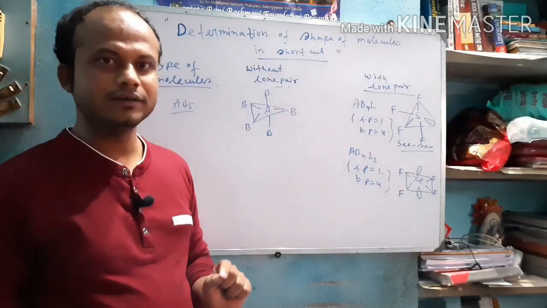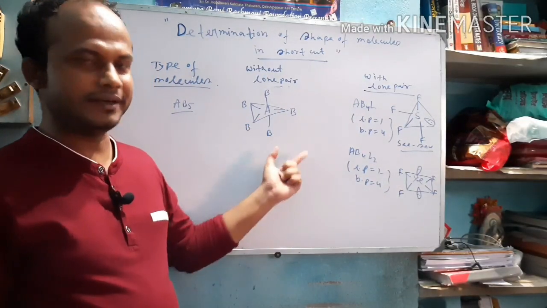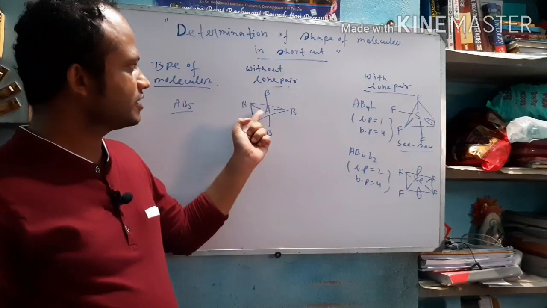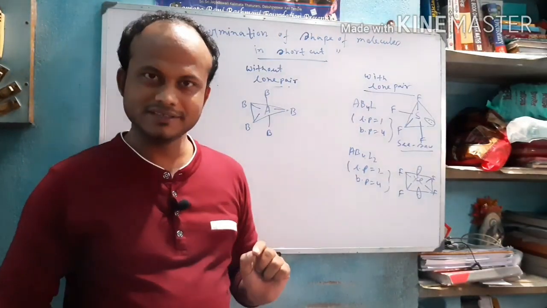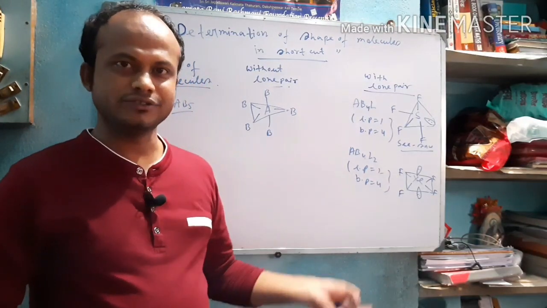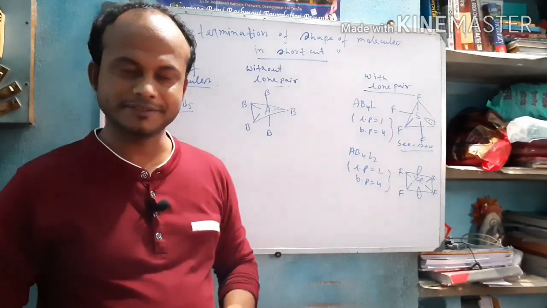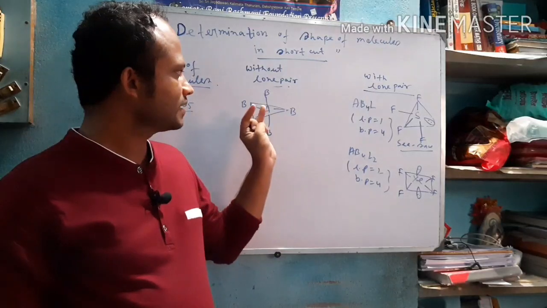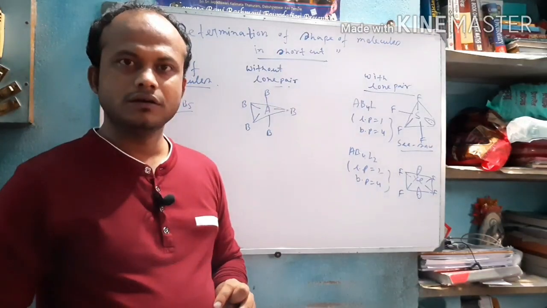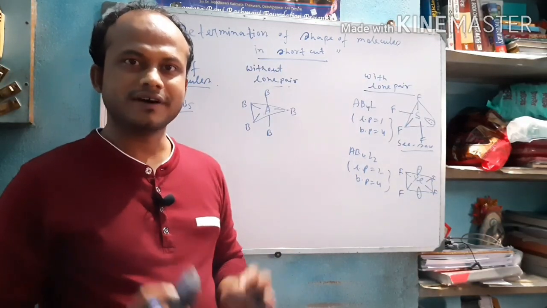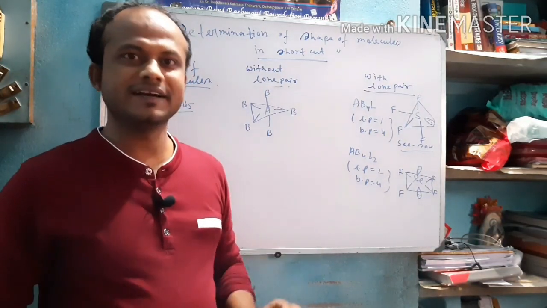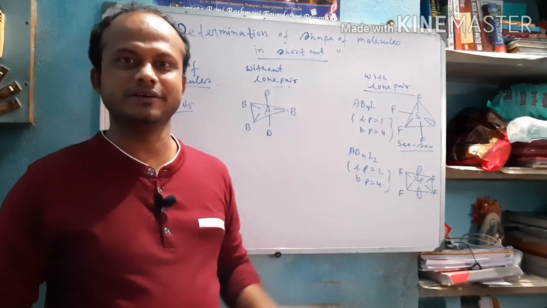Each bond pair contributes 1 electron from A. So valence electron number is 5. 5 means group 15 elements, that is nitrogen, phosphorus, arsenic, antimony, bismuth. But nitrogen is not suitable in this structure because it can't form 5 unpaired electrons due to the absence of d orbital.